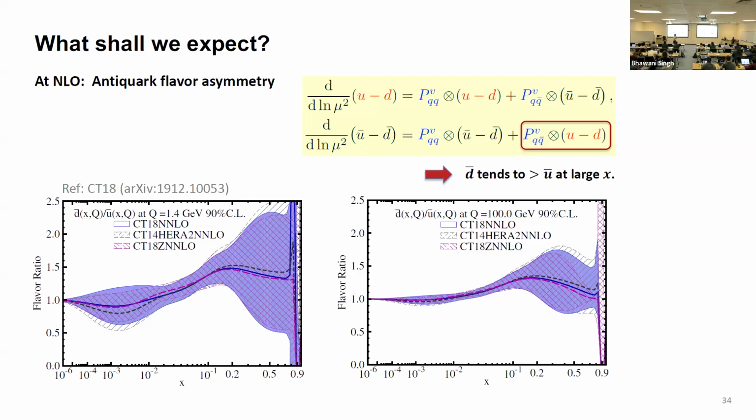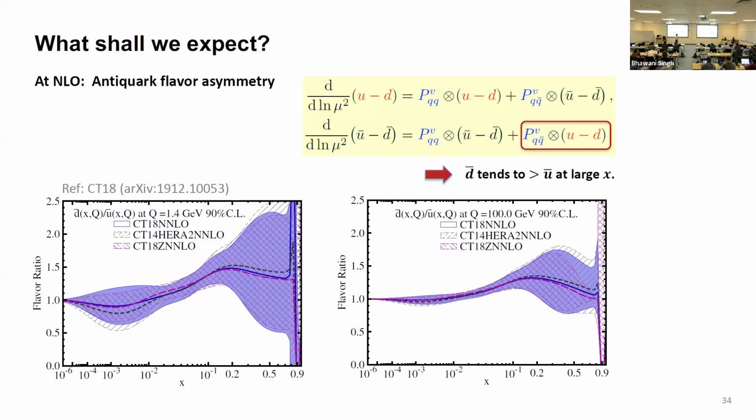So suppose you have an initial condition at which U bar is equal to D bar, and then the evolution will keep U bar equal to D bar at all scales. But with this mixing, it breaks this naive expectation. If we have U bar minus D bar even at the initial scale, evolution will break this equality.